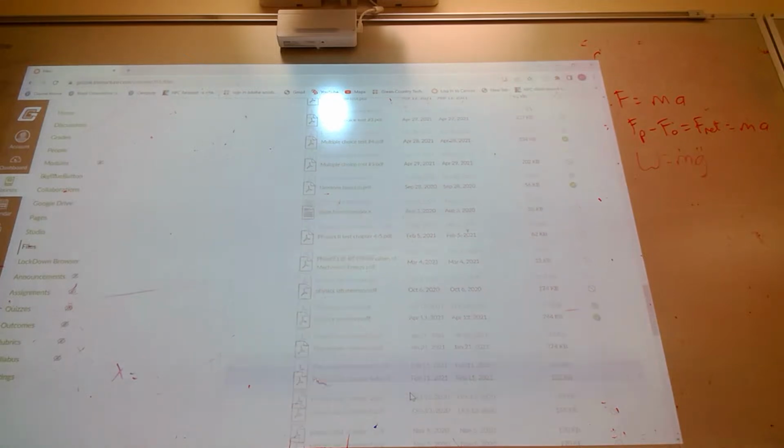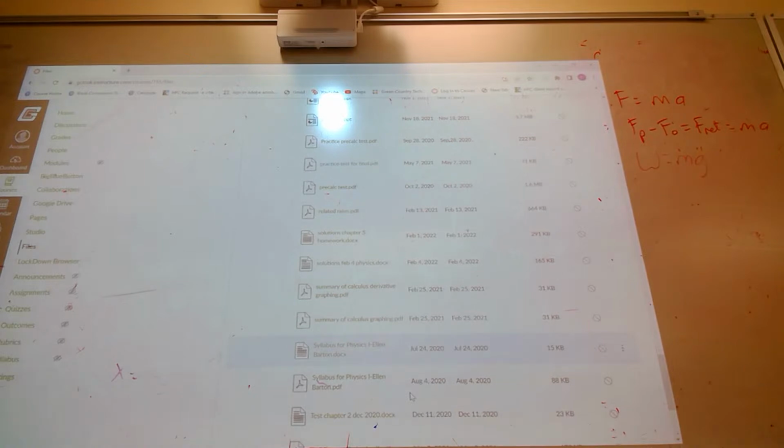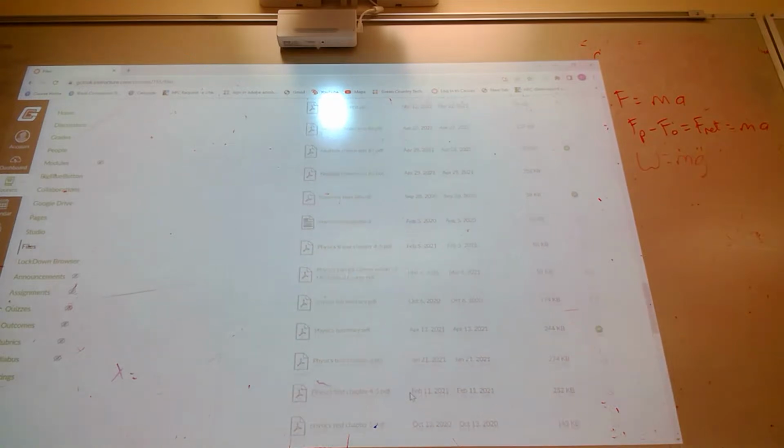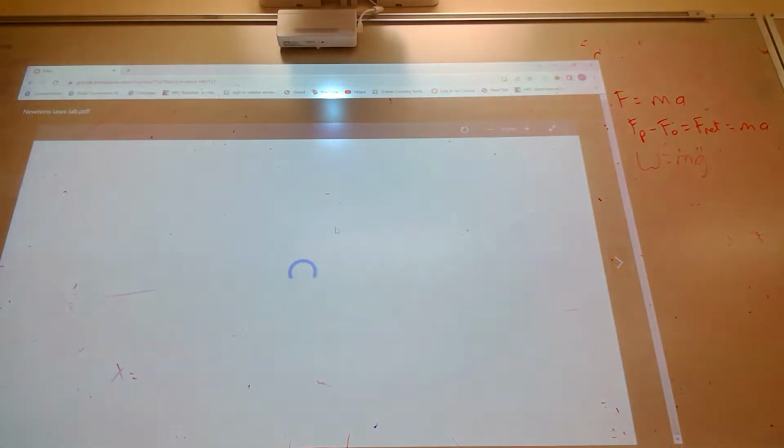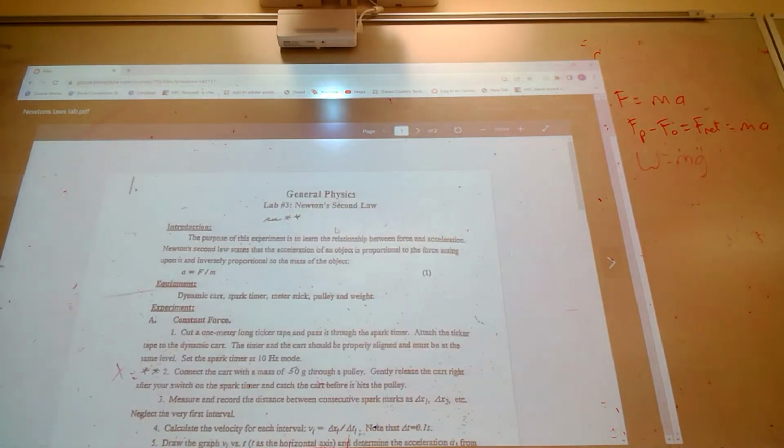There, you can just press to make sure it's in alphabetical order, and scroll until you see Newton's Laws Lab. Open that up, and we're gonna go through it. Now, there's a lot to this lab. There's actually 8 graphs, 6 sets of data, and so we want to make sure that you understand it.